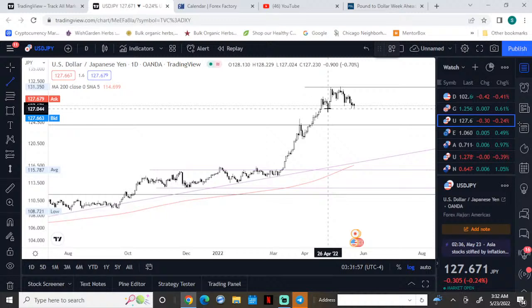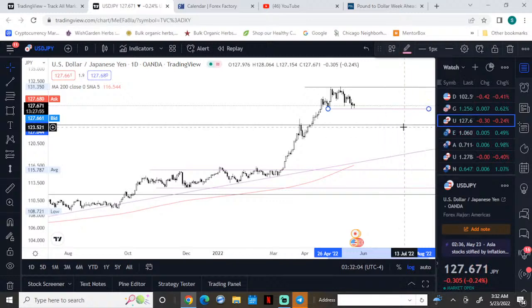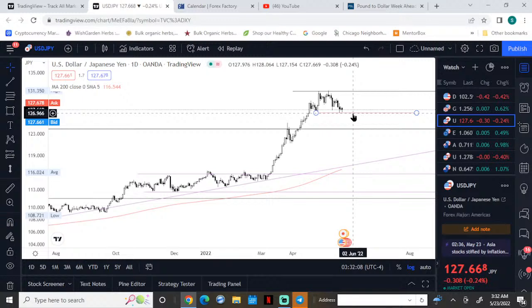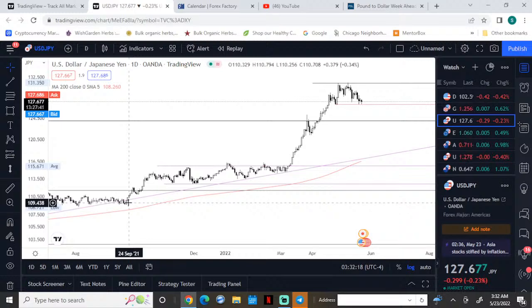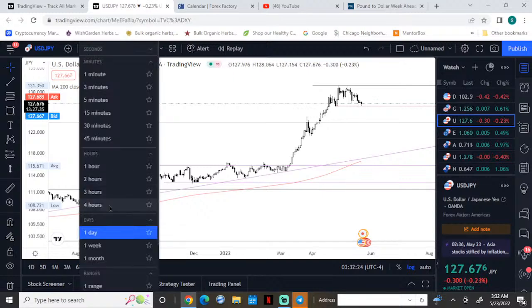So let's see what price does. Do I have anything else I want to mark for the daily? I'm gonna leave that. Let's come down.